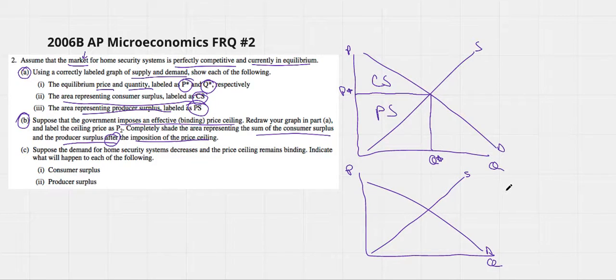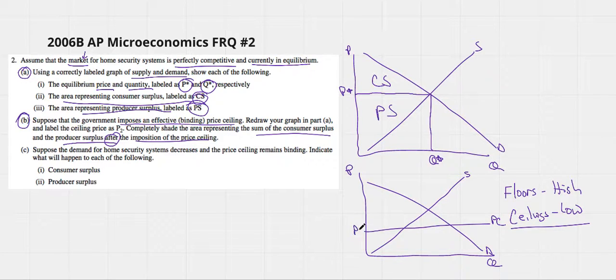Now understand there's a little mantra we always use: floors are high and ceilings are low. We need to know that our price ceilings have to be below the equilibrium to be binding or effective. We're going to label that P2.